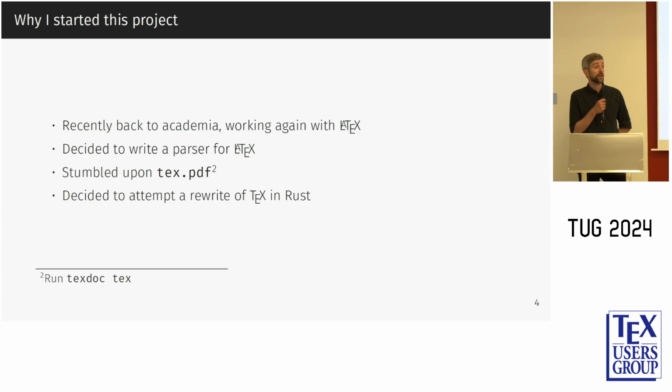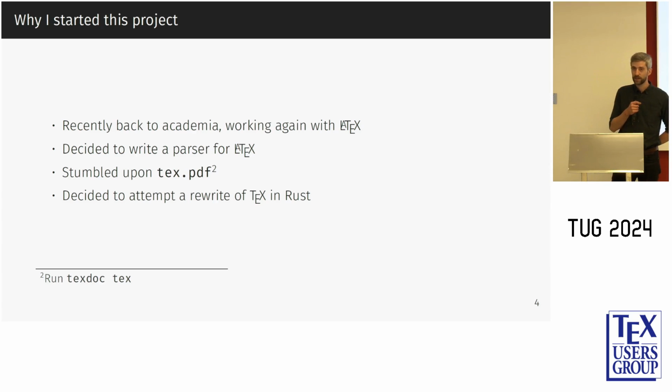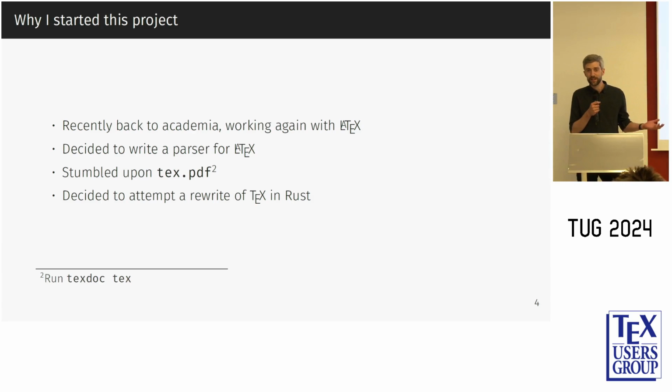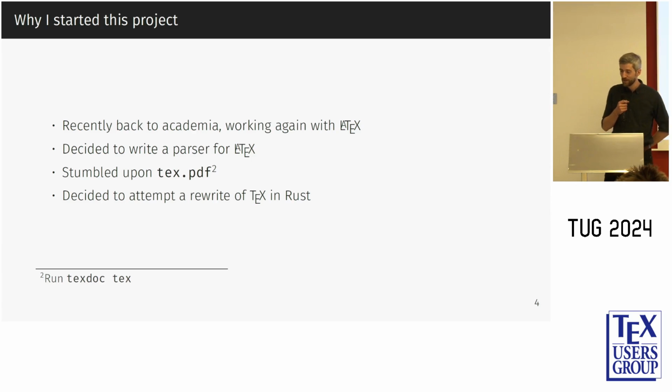While I was looking for a grammar or some description of it, I stumbled upon this file, tex.pdf, that you can get when you run tex in your command line. I found this beautifully documented code of TeX itself, and I thought, oh, this is nice. I can just try to rewrite that in Rust. That might be a fun project.